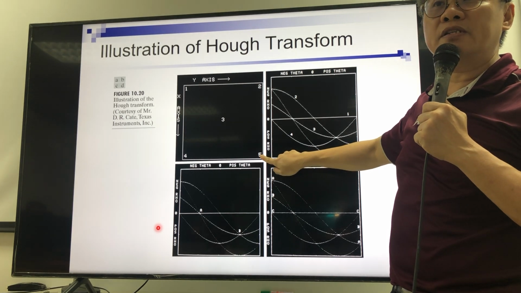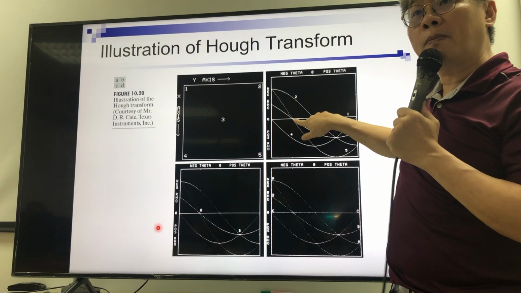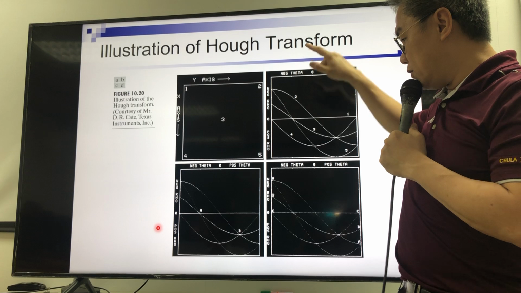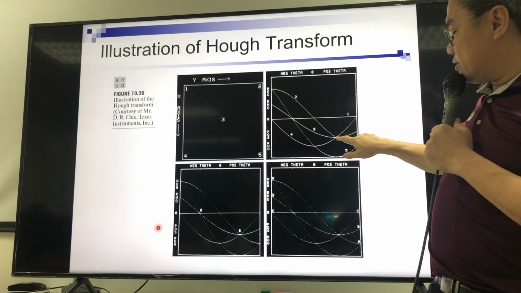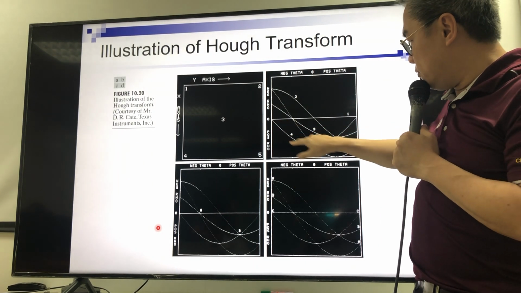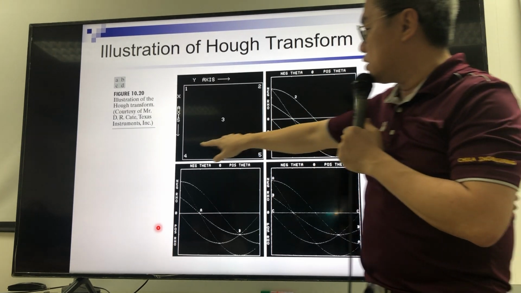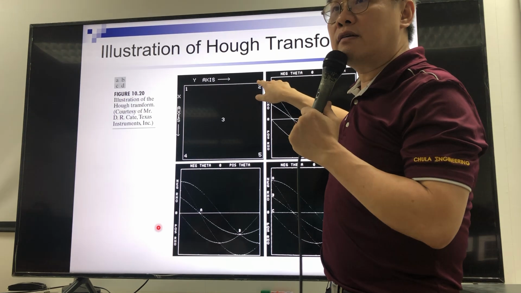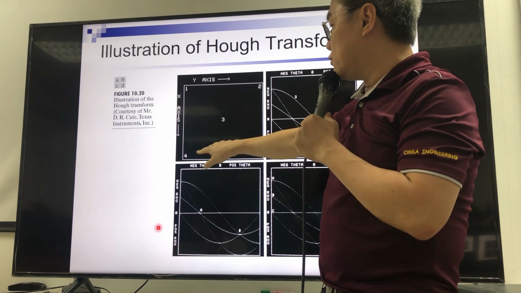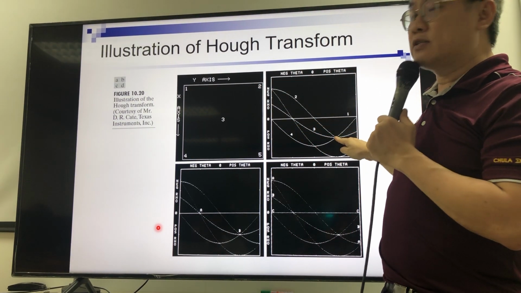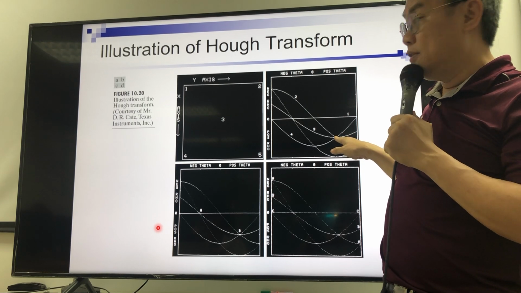Or this one comes from curve number 4, curve number 3, and curve number 2. So it's 4, 3, 2 here, and it corresponds to this rho and theta.